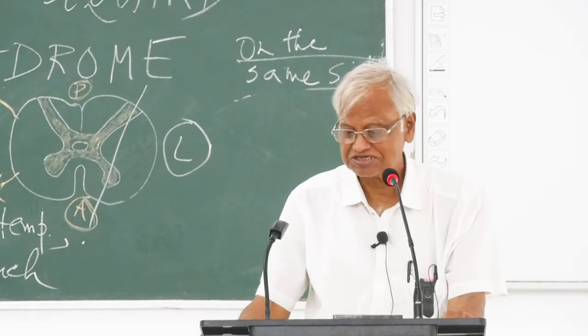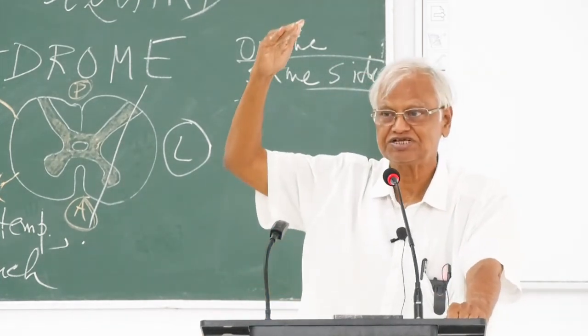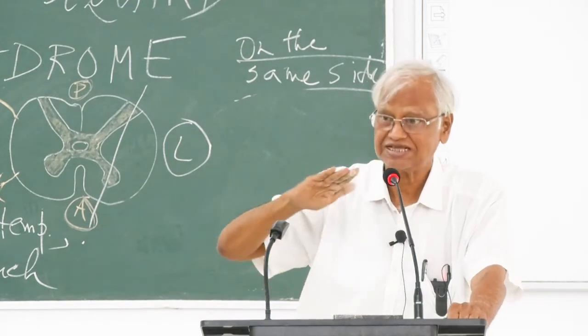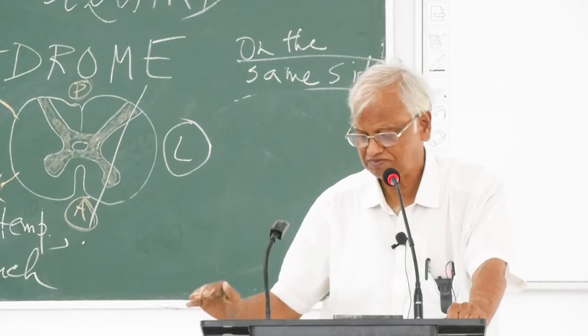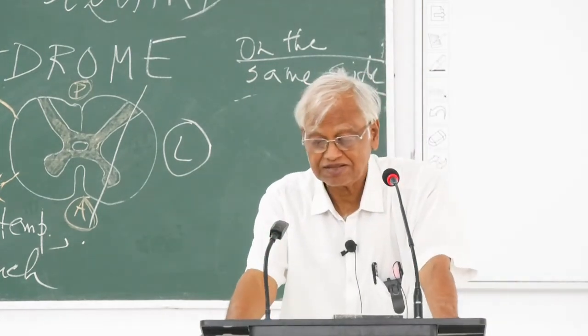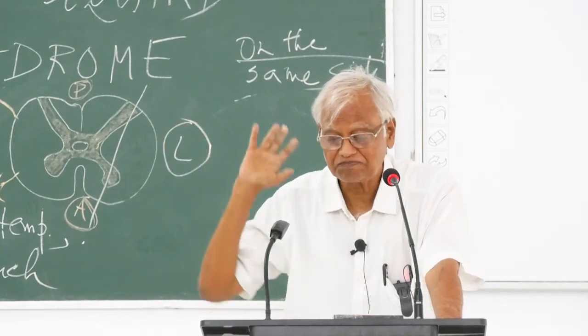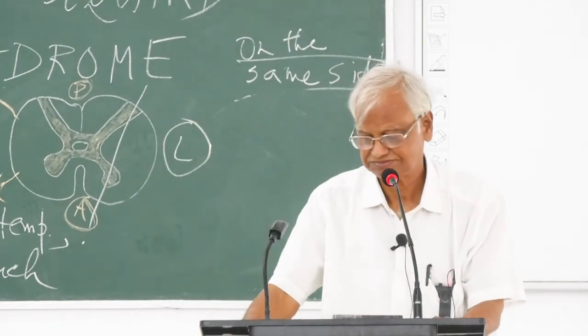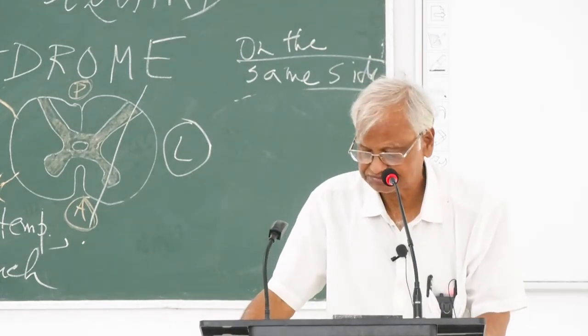If there is a hemisection of the spinal cord, above the site of lesion, at the level of the lesion, below the level of the lesion: at the level of the lesion, same side, complete sensory loss and lower motor neuron type of motor loss.